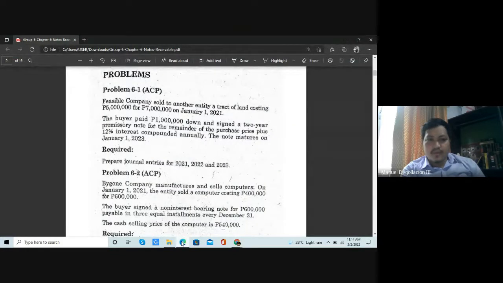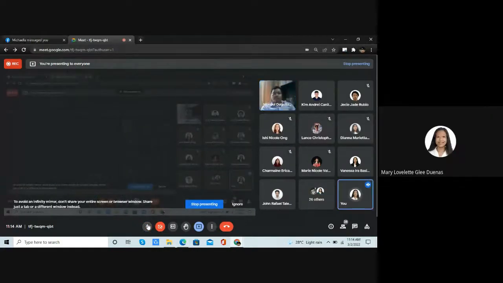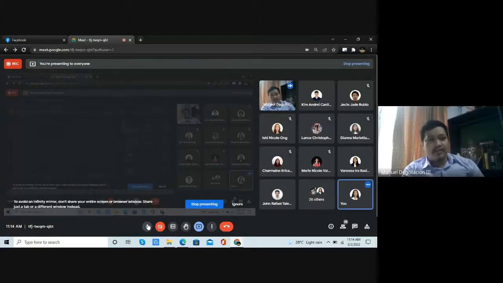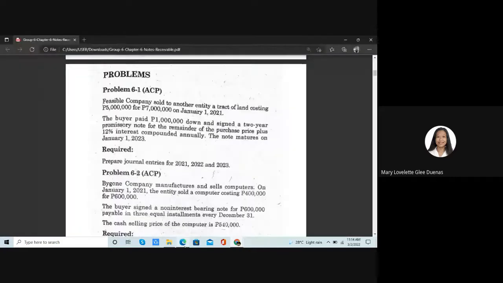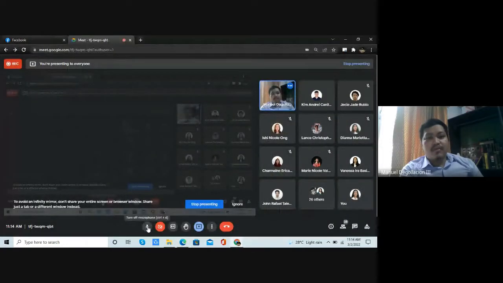When does the promissory note mature? What's the term indicated in the problem? January 1, 2023. So that's for how many years? Or for 2 years. Okay, so it's for 2 years.